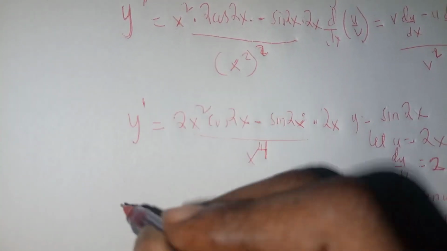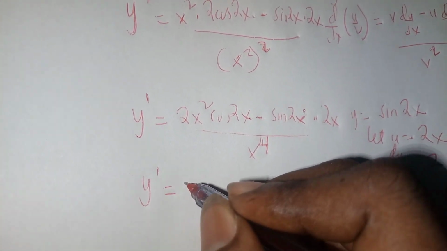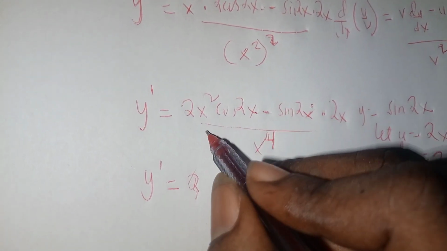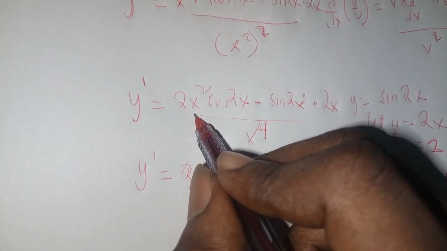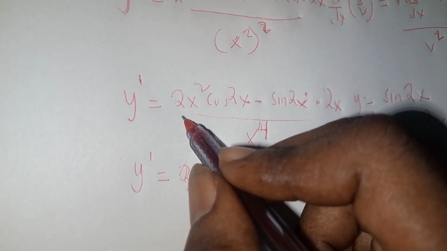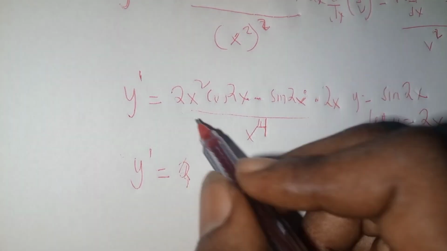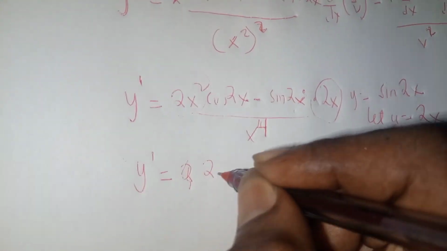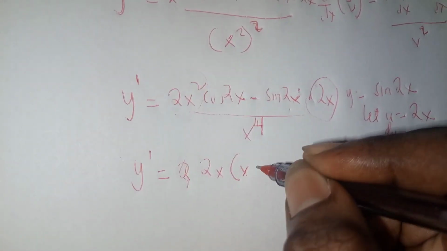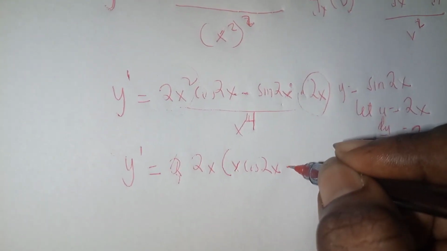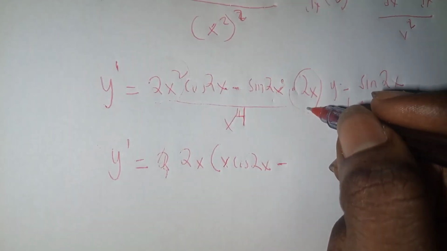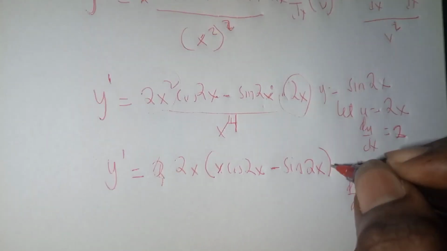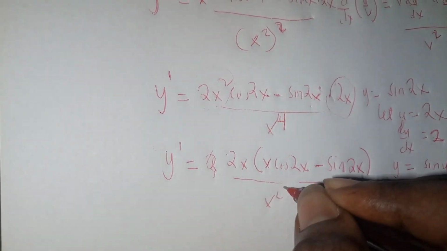So our y prime is going to be, can we do something over here? We can factor x out because there is x over. In fact, we can factor 2x out, right? Because we have 2x here and we also have 2x squared over here. So that's 2x coming out, leaving us with x cos 2x minus, over here our 2x is also coming out, so that's left with sine 2x all over x to the power 4.